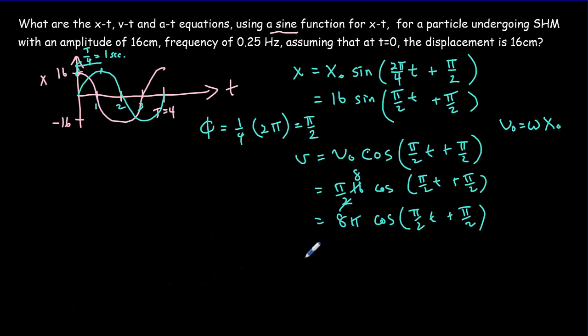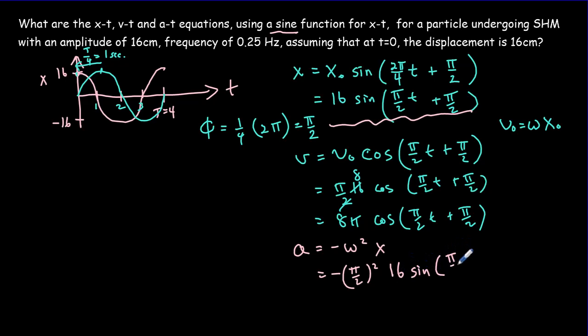So now let's take a look at the acceleration. The acceleration would be negative omega squared times the displacement. So that'll be negative omega squared, which would be pi over 2 squared, times x. We go back up to this full equation, which would be 16 sine of pi over 2 times t plus pi over 2.